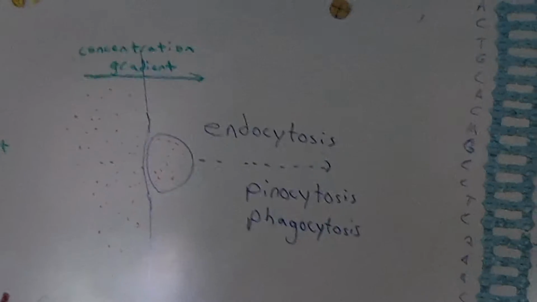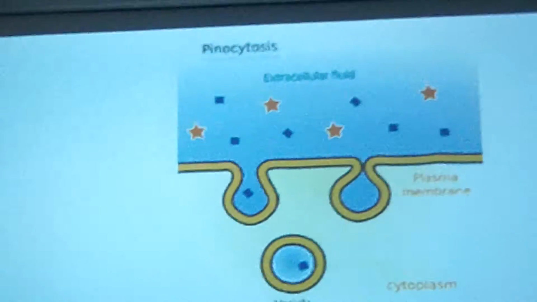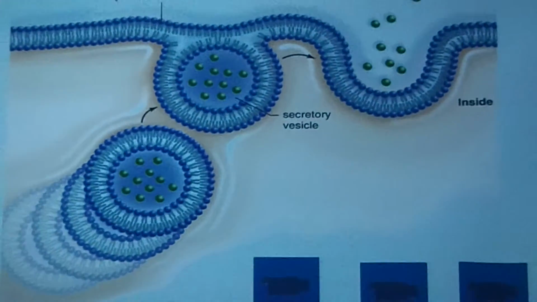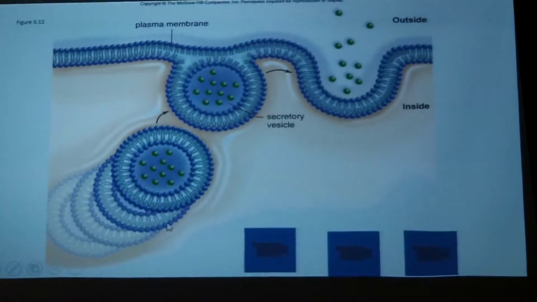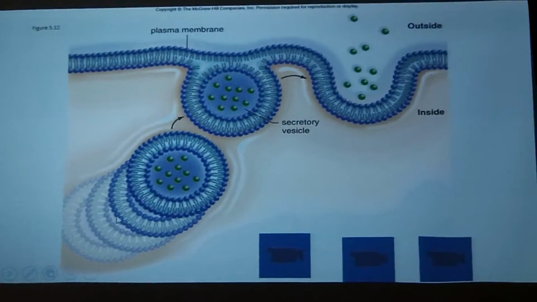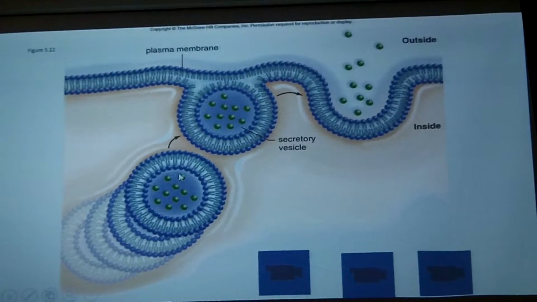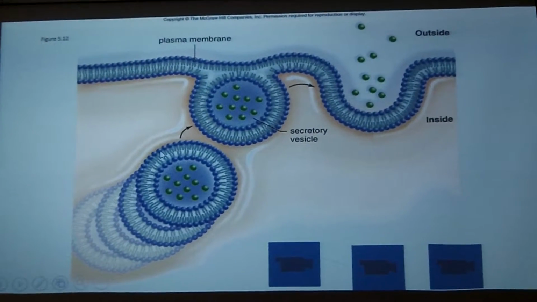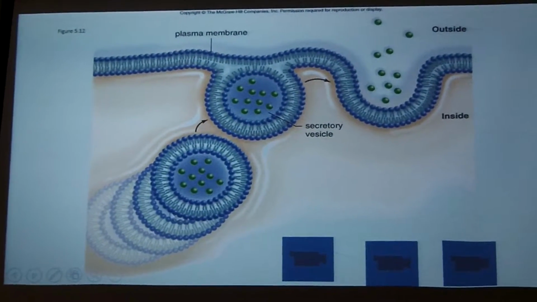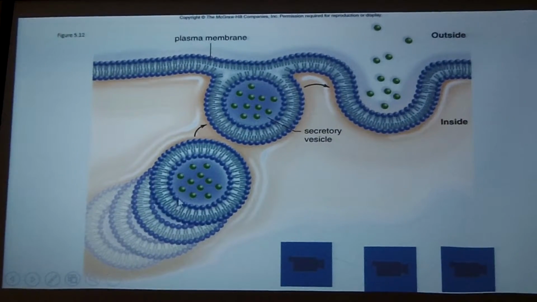But anyway, that's taking in molecules with these vesicles. And you can also release molecules with vesicles. If you see this big vesicle here that contains like a bubble in the cell, can you tell it's made of membrane? Do you see that's membrane? Can you tell those little tiny phospholipids? There's a bunch of them.